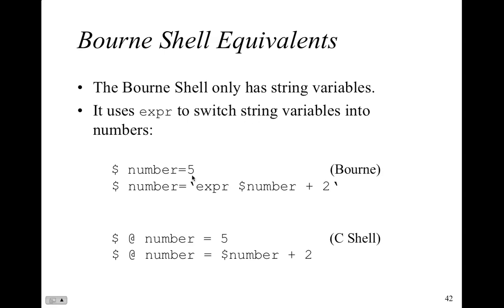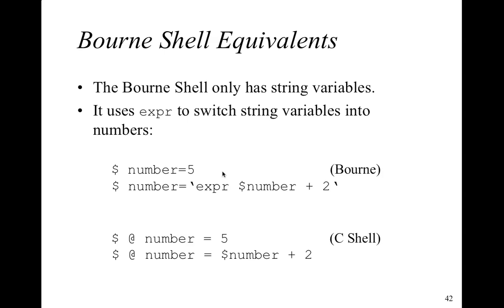So number equals 5 in a Bourne shell environment, and we use expr number plus 2, whereas in C shell we could just go number plus 2. This is more C-like, and that is more shell-like. So the C shell actually gives you that number conversion.